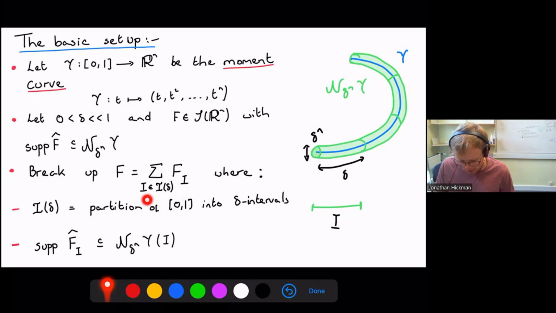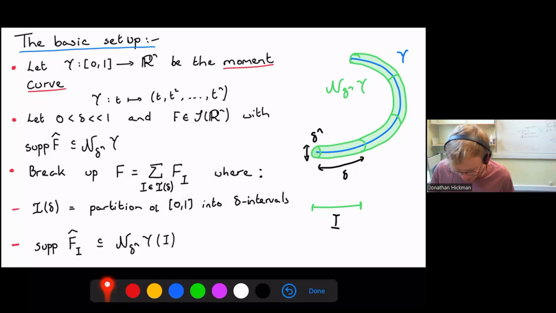They're parameterized by these intervals I, and each f_I is Fourier supported in the delta neighborhood of the portion of the curve over the interval I. Okay, so we've broken up into these pieces that have support in these little sections of the tube, which have length delta and width delta^n. Are there any questions about this?